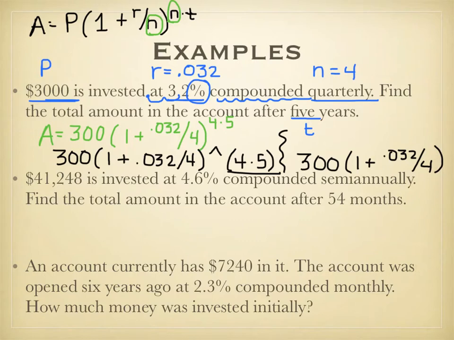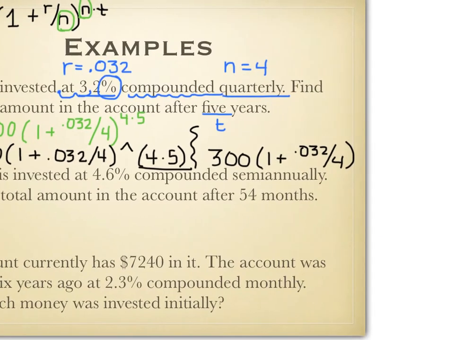And then when you hit that caret key, the little arrow pointing upward, instead of actually showing up, it just brings up a little box up here and lets you type right there. If it does that, you don't need to worry about parentheses around the 4 times 5. It doesn't hurt to put them there, but you don't have to if your calculator automatically puts it in the exponent.